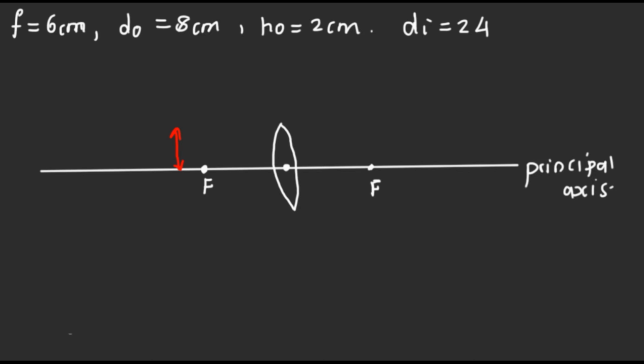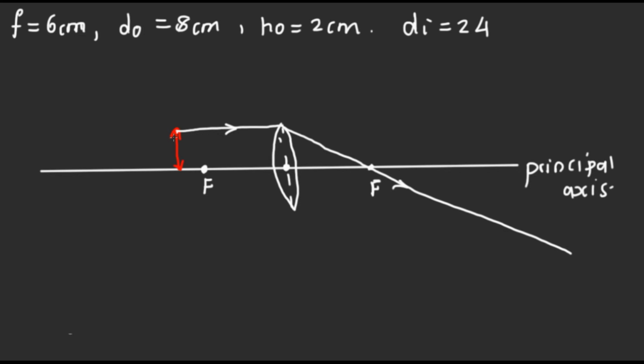Then I'm going to draw the first ray of light parallel to the principal axis. Then upon touching the center of our lens, it is going to bend and pass through the focal point number 1. So make sure I use a ruler when drawing these lines.